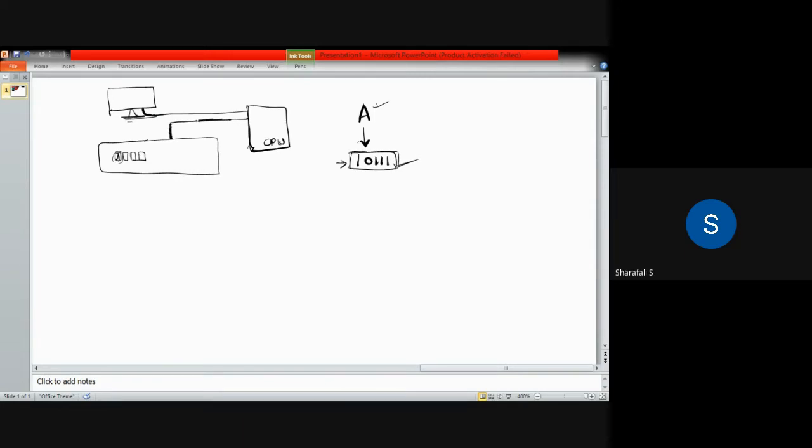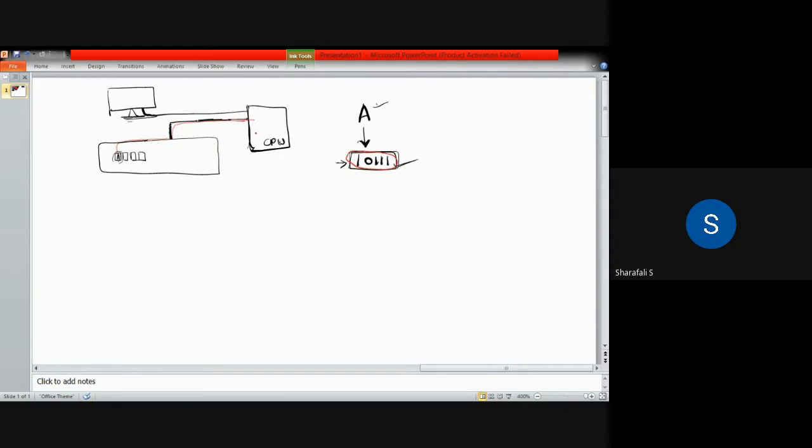When you are pressing letter A, the same operation will happen in your mobile phone also. Immediately a signal will be sent to this CPU. What signal is it going to send? It is going to send this particular code 10111.